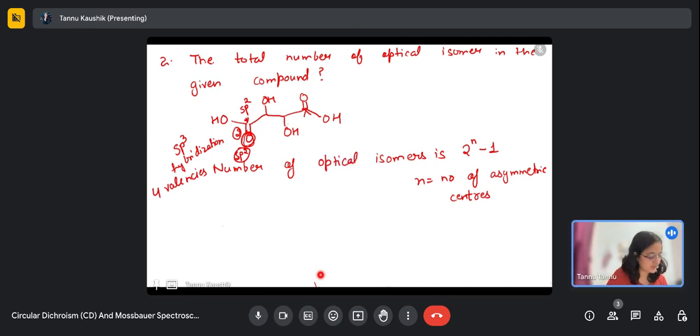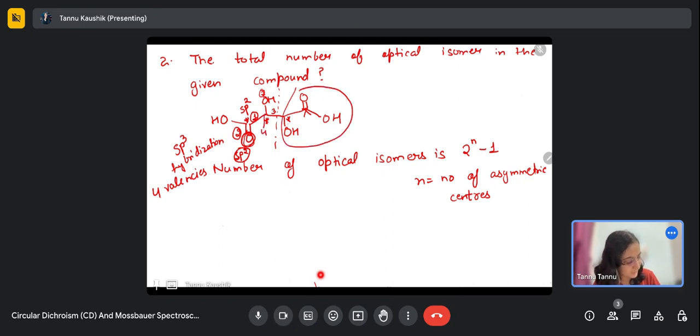Yeah, sorry for the disturbance. So here we have symmetry in this molecule, and these are two chiral centers which are present in this molecule. Because you can see that this is one substituent, second is this hydroxide functional group, and then third is this moiety, and the fourth is hydrogen atom.